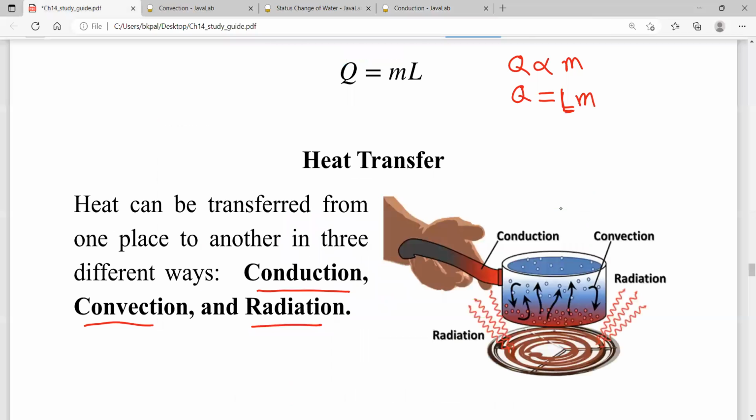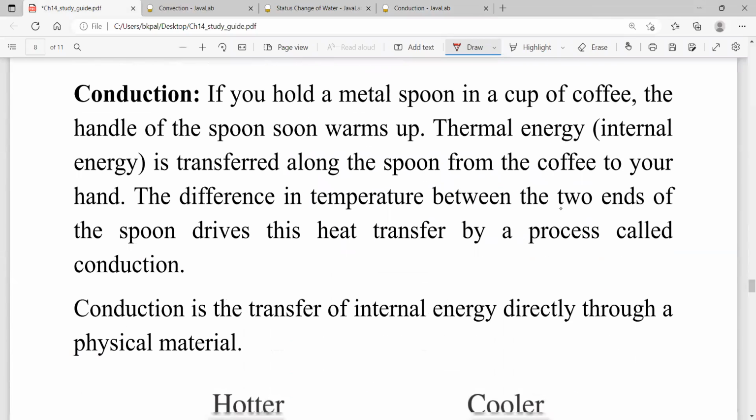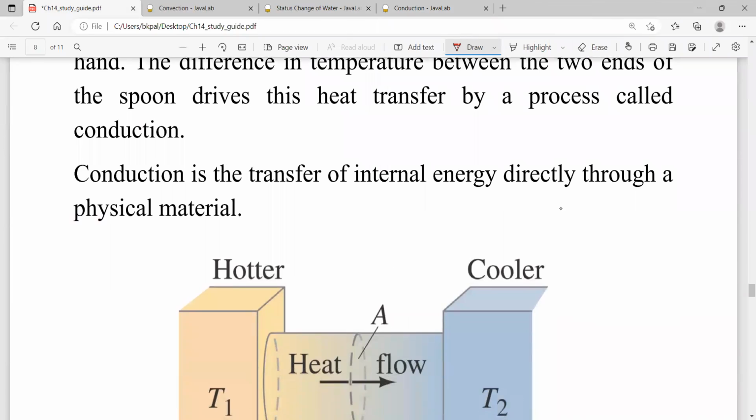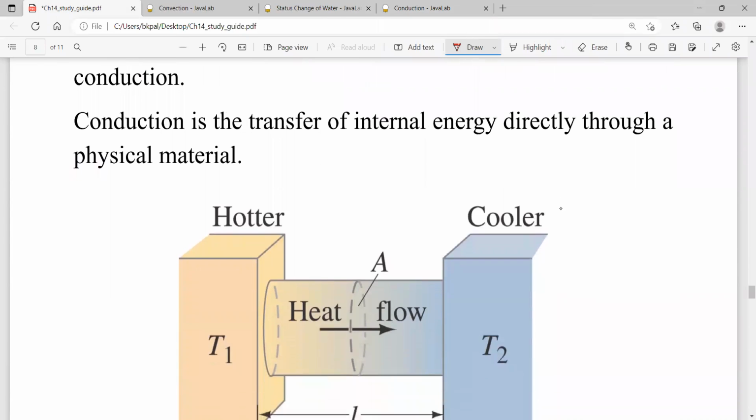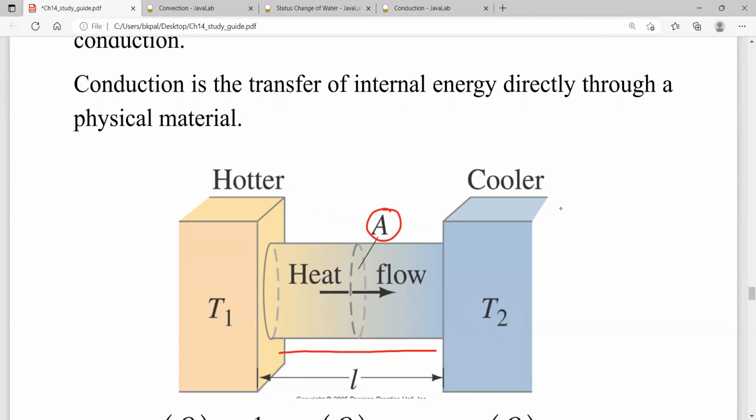Now I am going to talk about the mathematical equation for conduction. To understand this, let's consider this diagram. Let's say we have this object. The cross-sectional area of this object is A. Let's say that one end of this object is at temperature T1, which is hot, and the other side is at temperature T2, which is cold.